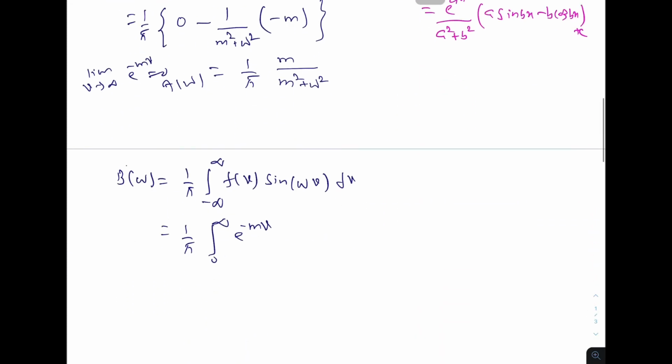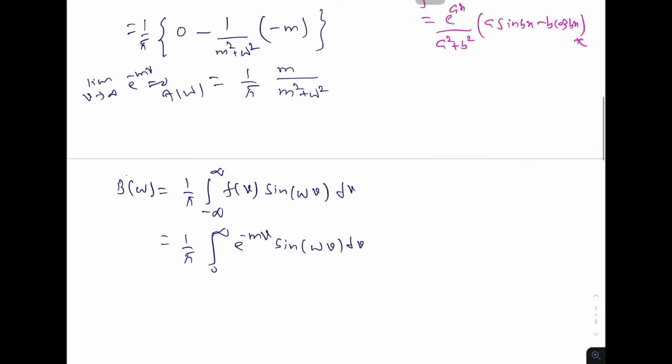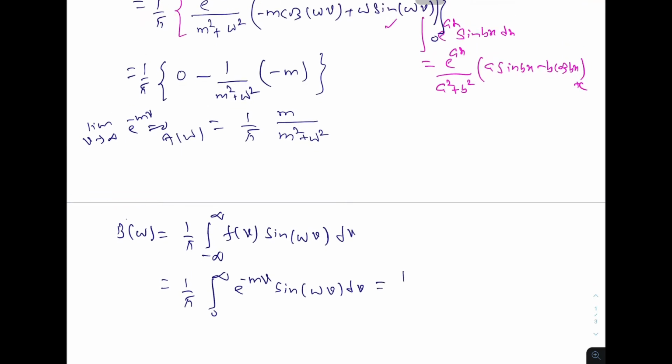Using the result, it is 1 over pi times e power minus mv over m square plus omega square times (minus m sin(omega v) minus omega cosine(omega v)), from 0 to infinity.